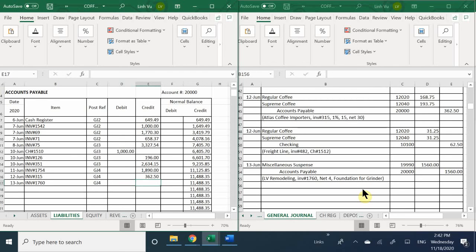And I now owe an additional $1,560, bringing my account balance to $13,048.35. Okay. Yay! So we match.